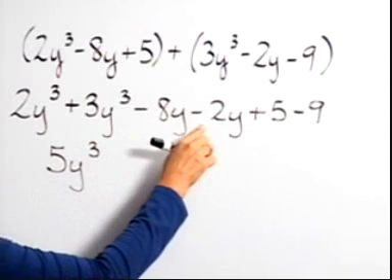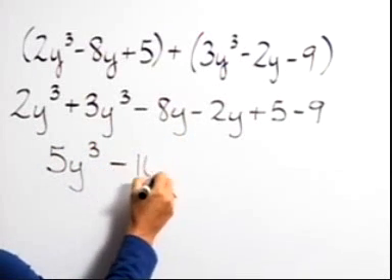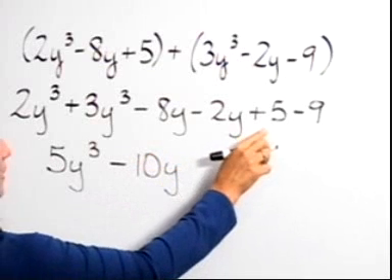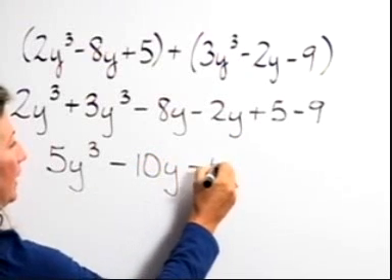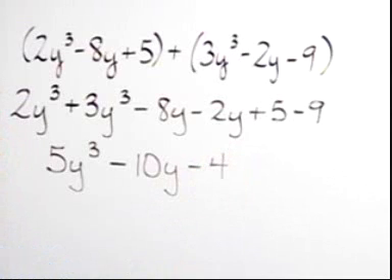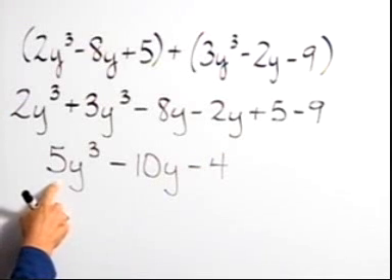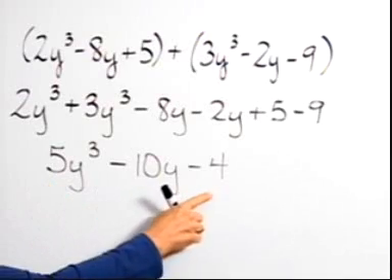A negative 8 and negative 2 give me a negative 10y. And a plus 5 minus 9 gives me a negative 4. So the resulting polynomial is 5y to the third minus 10y minus 4.